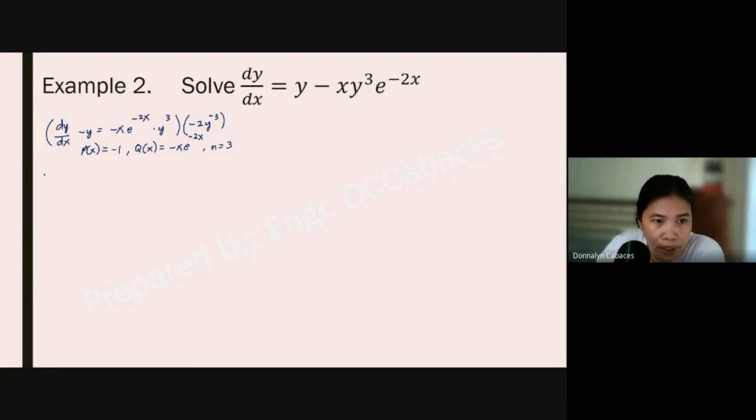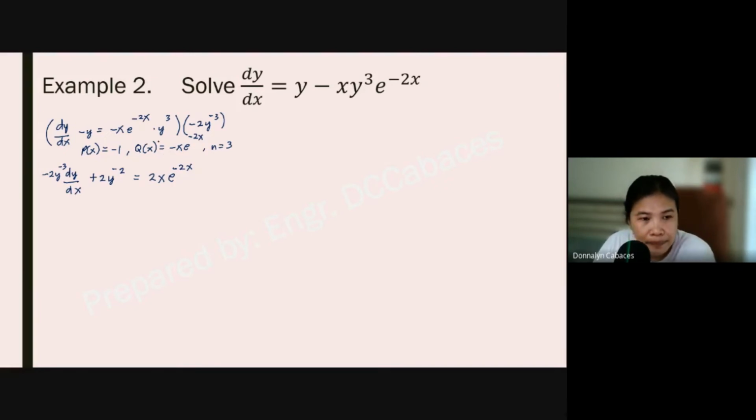So multiplying, you have negative 2 y to the negative 3 dy plus 2 y to the negative 2 is equal to 2x e to the negative 2x.